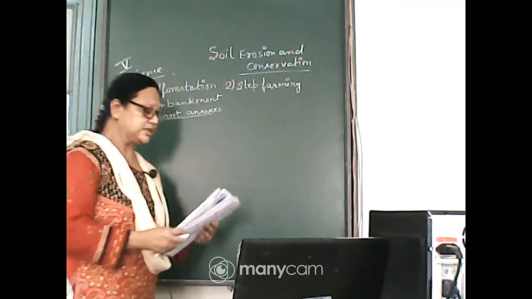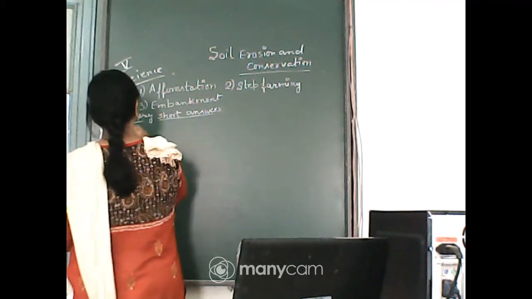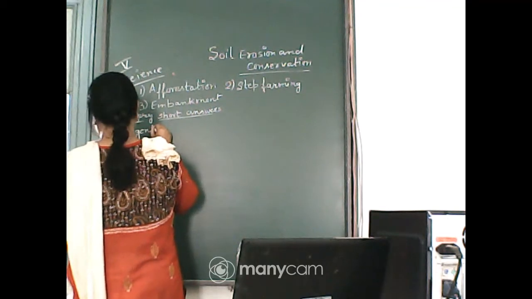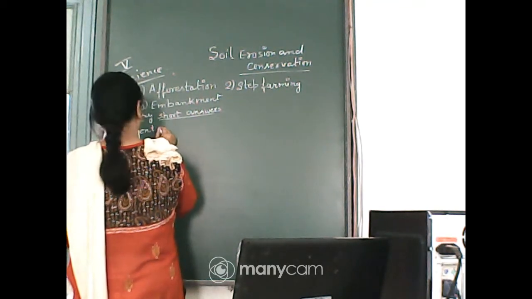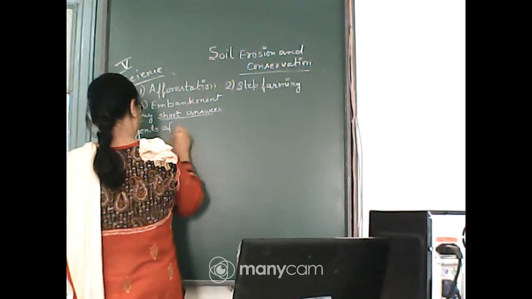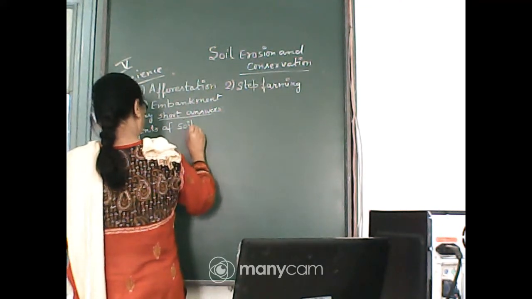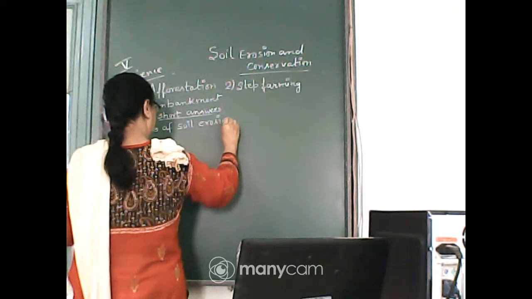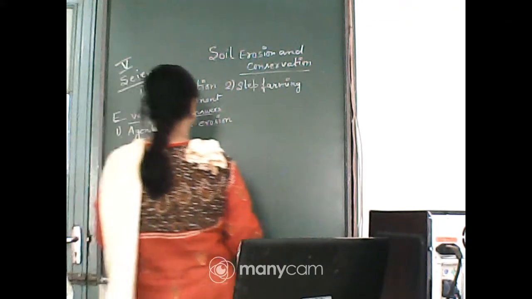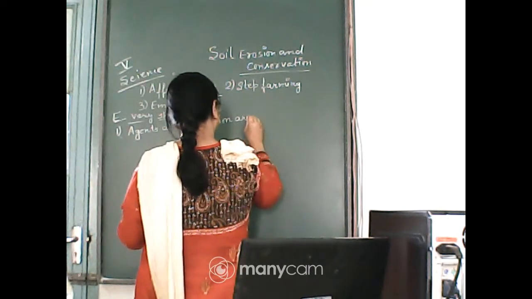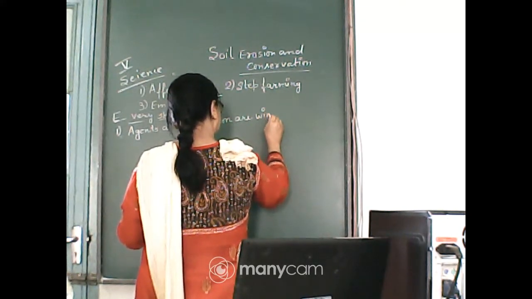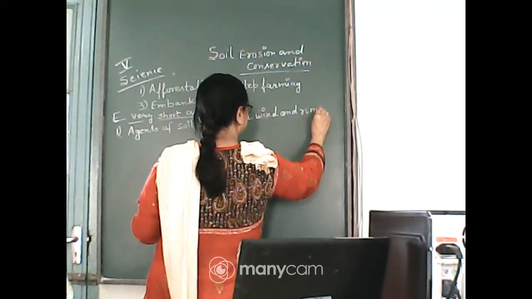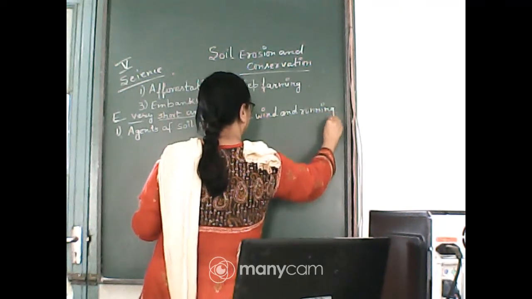So we know the agents of soil erosion are wind and running water.